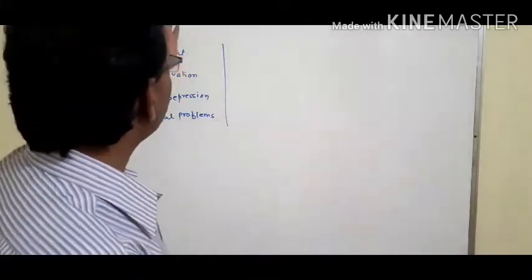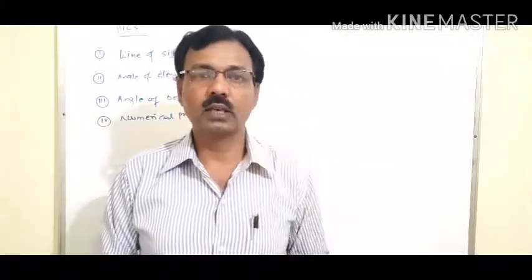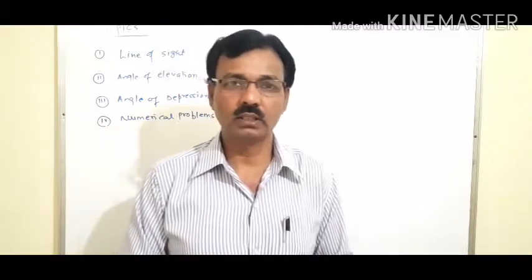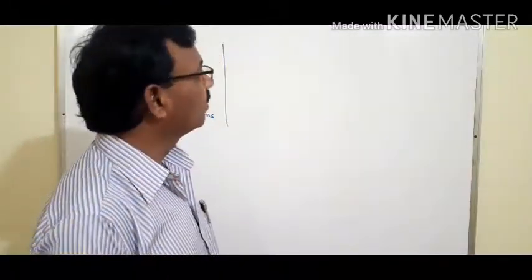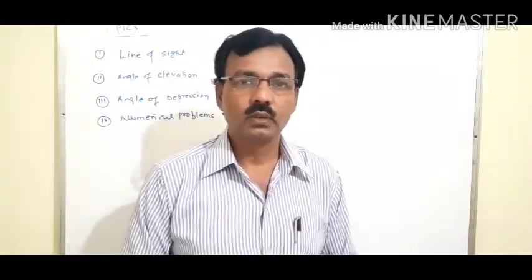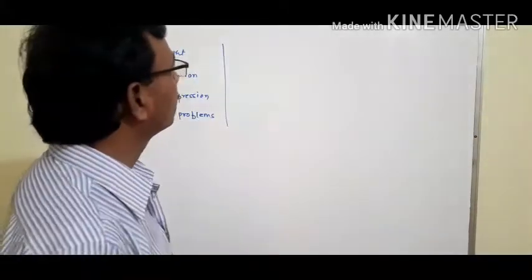Now, what is the application of trigonometry? If you want to find the height of an aeroplane flying in the sky, the height of a tower, a building, or a pole, etc., without actual measurement, for this we can use trigonometry.